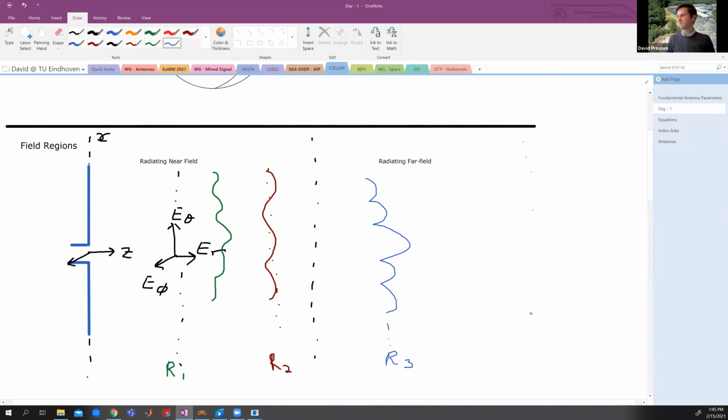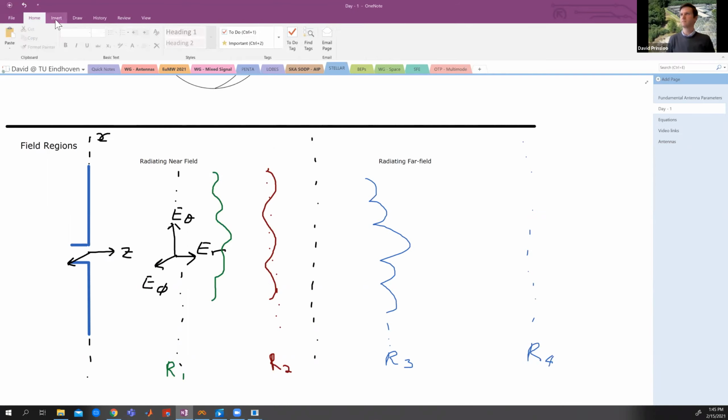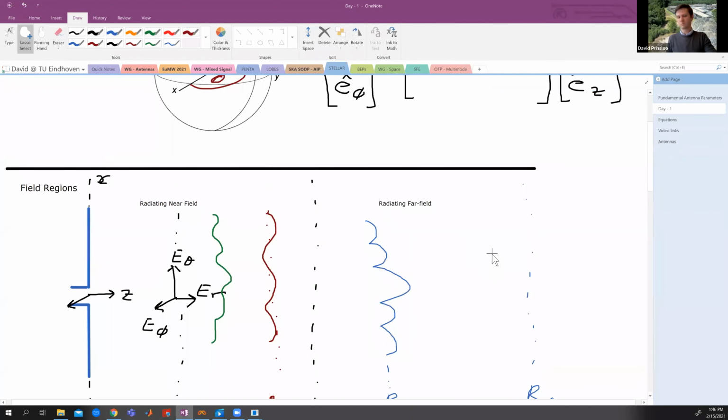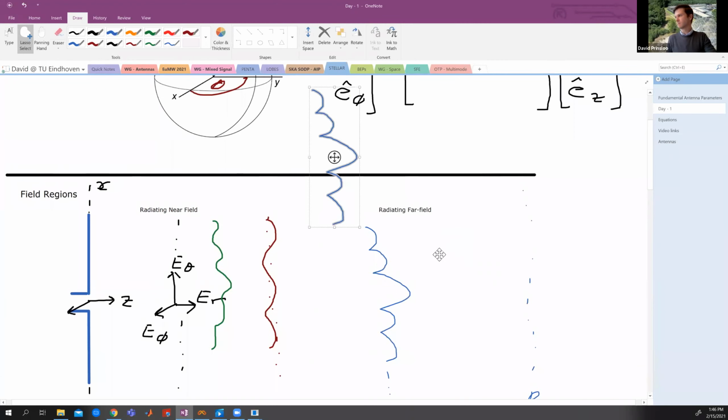And if you observe it at a radius even further away, it would be unchanged.